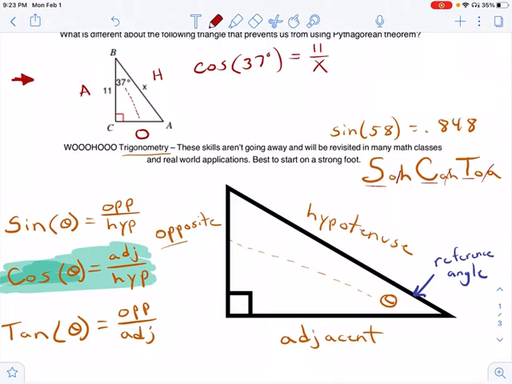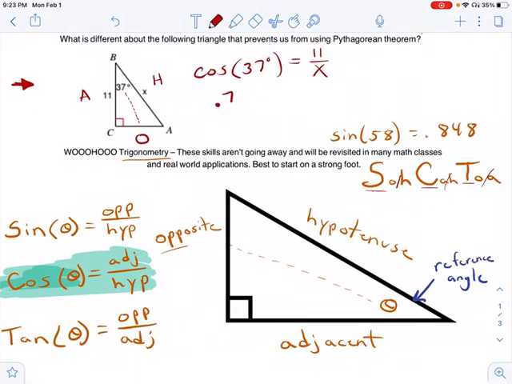When you type in cosine of 37 into whatever device you have, we should be getting 0.7986. I'm going to go out one more decimal spot there. If you're not getting that, there's probably an adjustment that needs to be made to your calculator, or a setting, or your phone needs to have a certain button pushed. But that is what we should get.